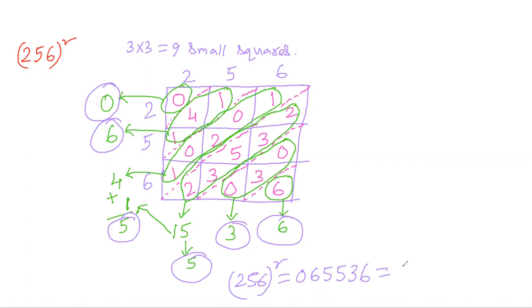So this is equal to simply 6, 5, 5, 3, 6. So this is the ultimate square value of 256. So in this way, by using the diagonal method, you can easily calculate the square of any number.